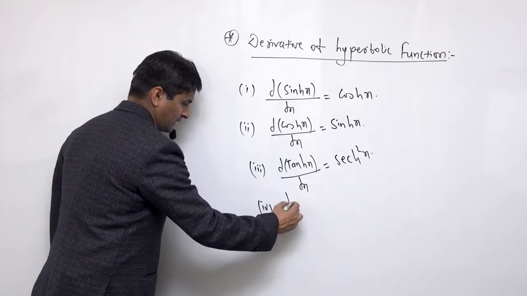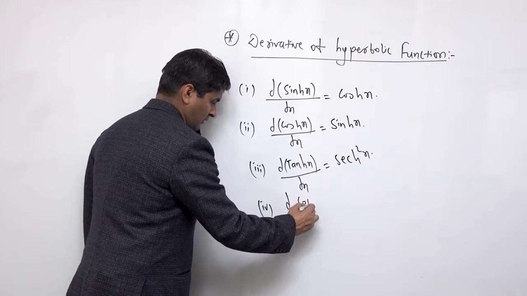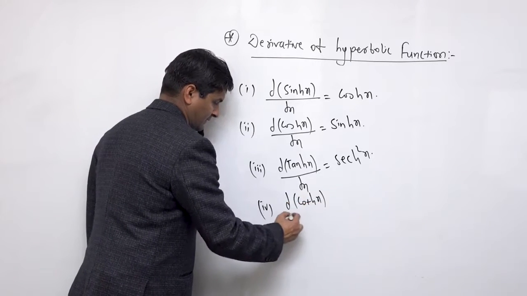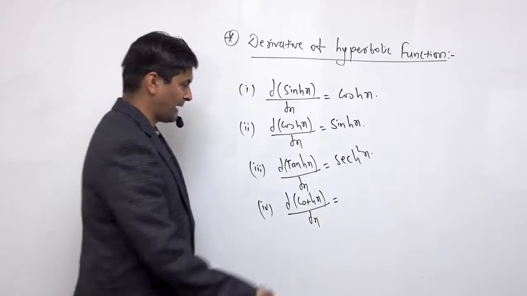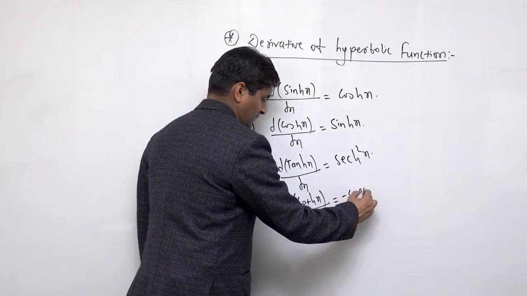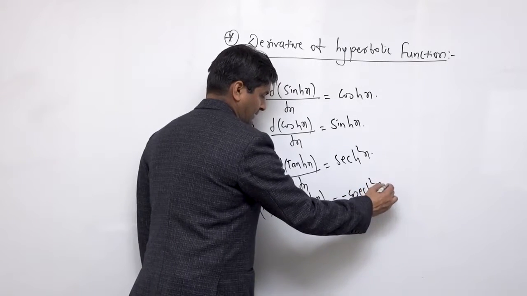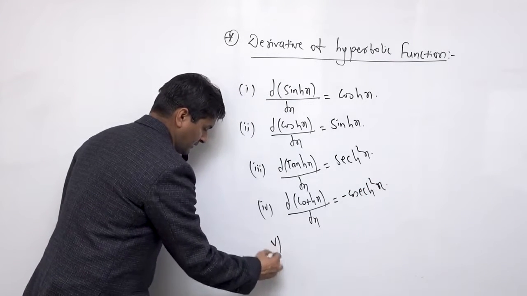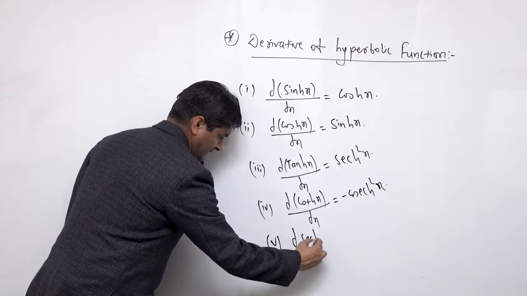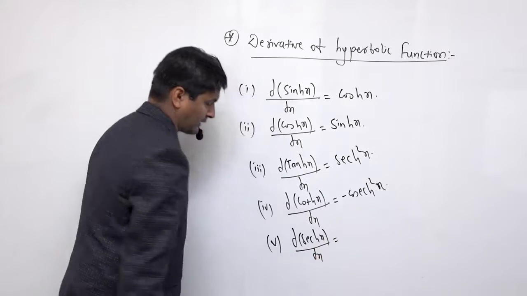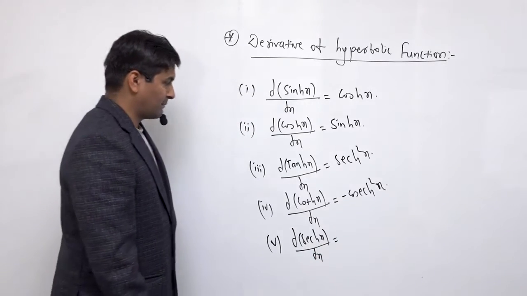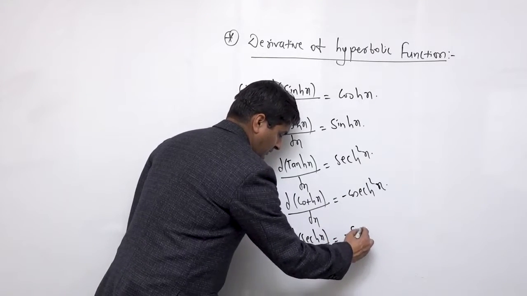Fourth, derivative of cot hx. Derivative of cot hx is minus cosec h square x. Fifth, derivative of sec hx. Derivative of sec hx is minus sec hx into tan hx.